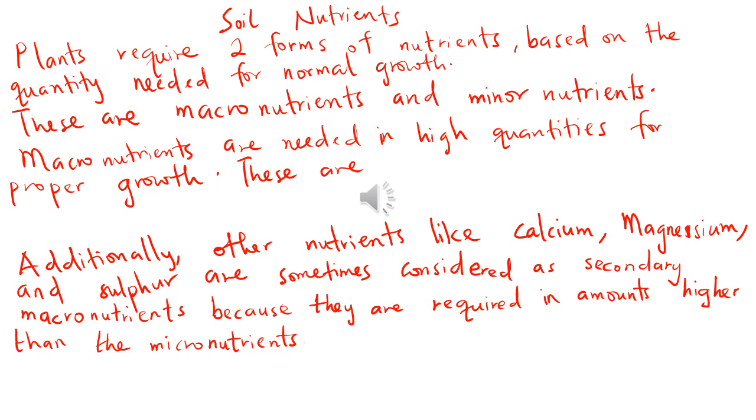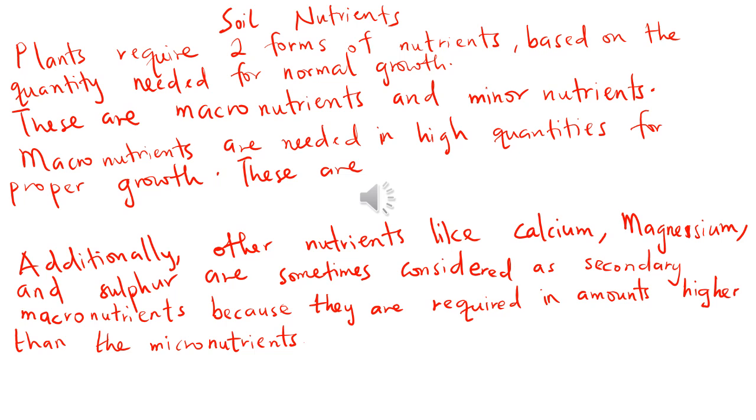Okay, so if you are being asked to name or give examples of macronutrients, for example, if the question limits you to 3, I expect you to name the main ones, which are nitrogen, phosphorus, and potassium.